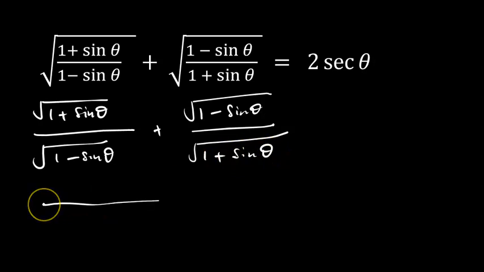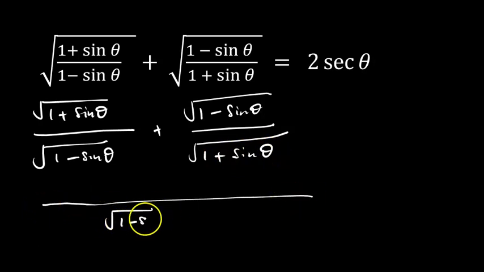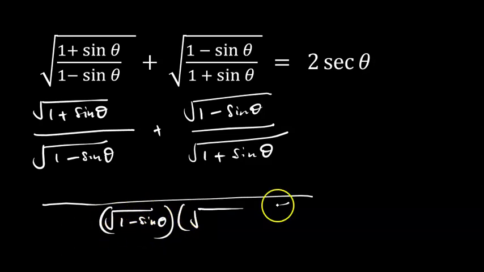Now let's take an LCM of this side. So if I'm taking an LCM, I should have root of 1 minus sine theta into the root of 1 plus sine theta. Now 1 minus sine theta here in this LCM, I'll be left with 1 plus sine theta. The root of 1 plus sine theta times the root of 1 plus sine theta, that's 1 plus sine theta.